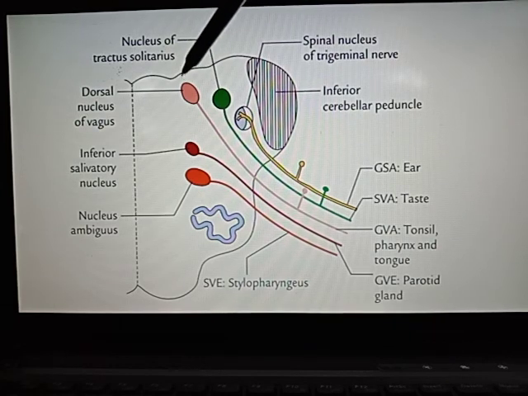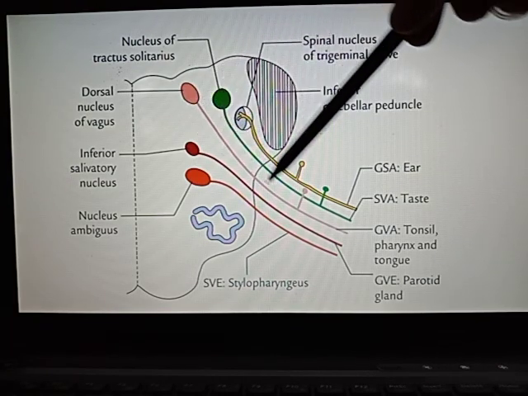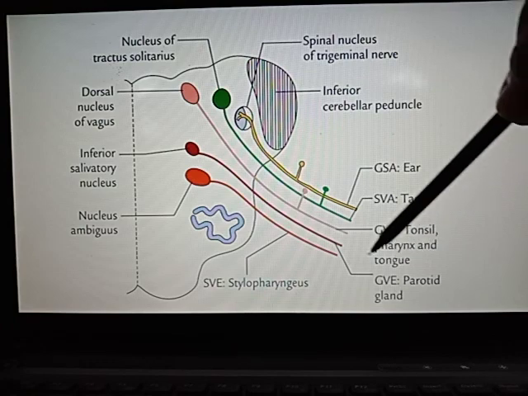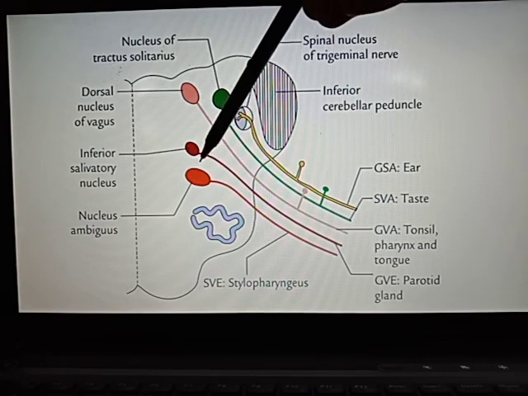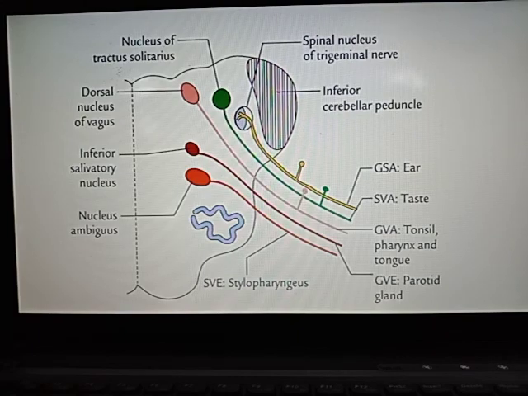Then come to this inferior salivatory nucleus, which sends fibers to the parotid gland, and the nucleus ambiguus. From this nucleus ambiguus, the branchiomotor fiber goes to the stylopharyngeus.